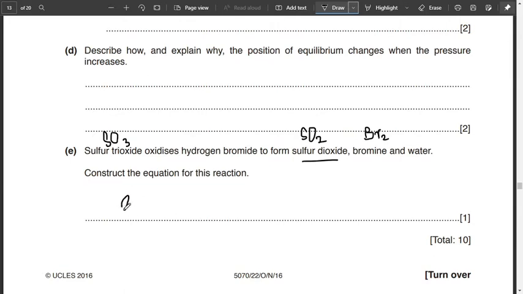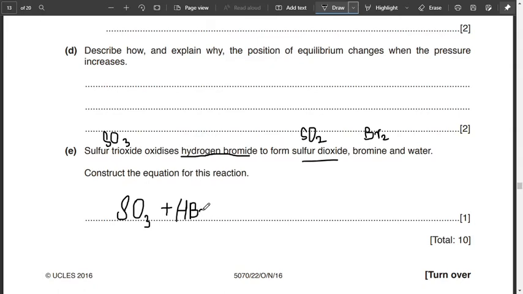So if we form the equation, sulfur trioxide oxidizes, that means we have one more reactant over here. It oxidizes what? Hydrogen bromide, which is HBr.